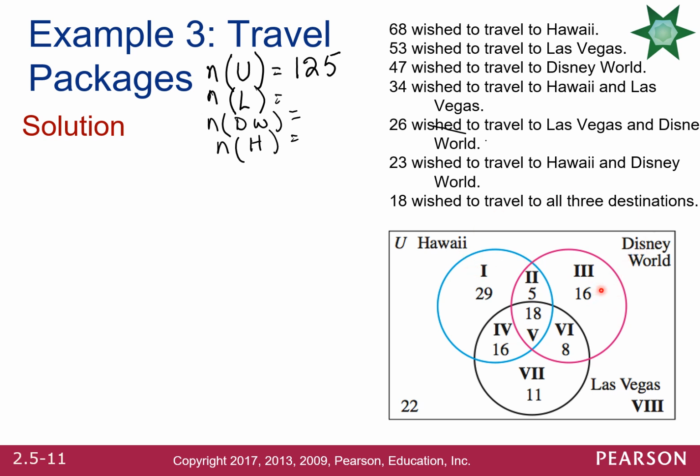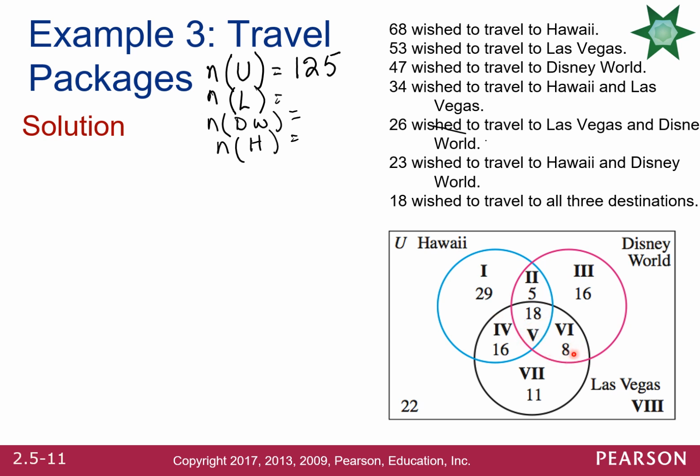Then we have region 3 for people who just want to go to Disney World. Region 4 is an intersection between Hawaii and Las Vegas. Region 5 is an intersection of all three, people who want to go to all three destinations.